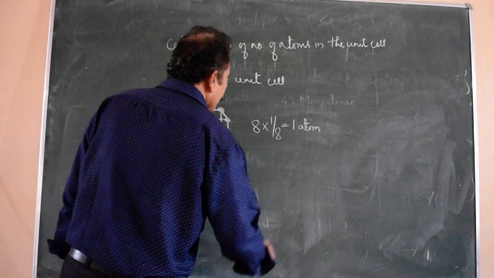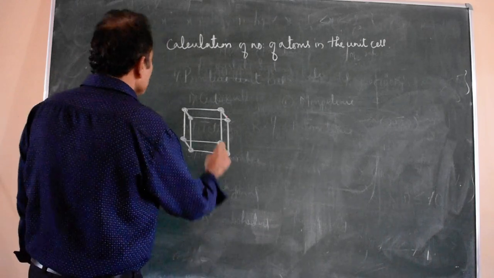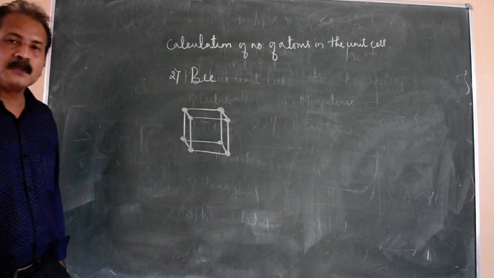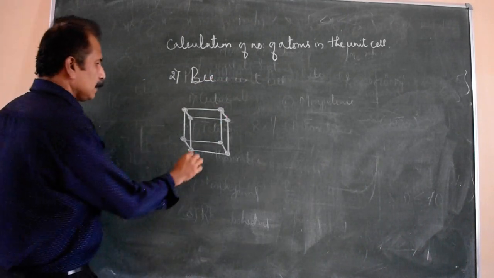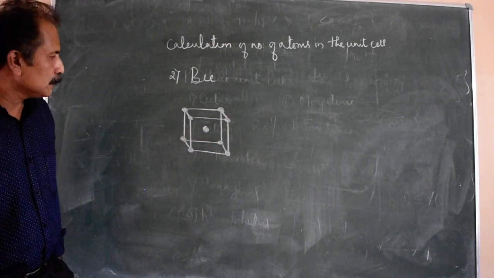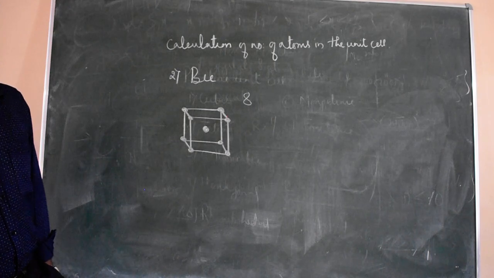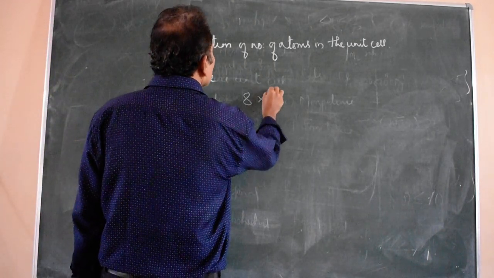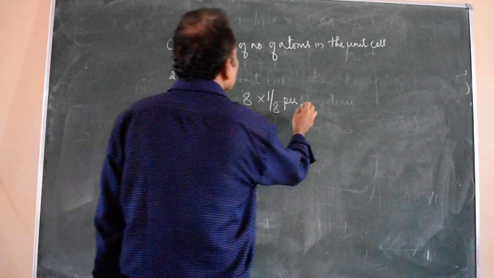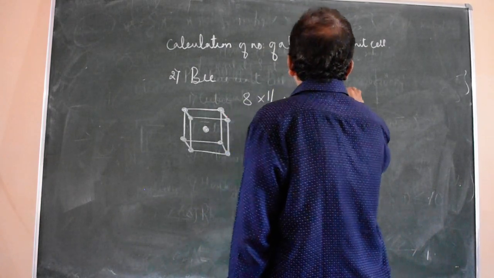Similarly, if you calculate number of particles present in BCC, you get 2. So if it is the second one, BCC, the body centered cube, there are 8 particles at the corners and 1 particle is present at the body center. Therefore, 8 particles at the corners into 1/8 per corner particle is the contribution.